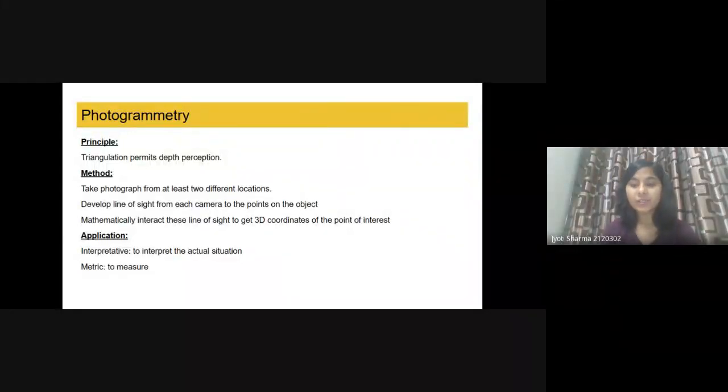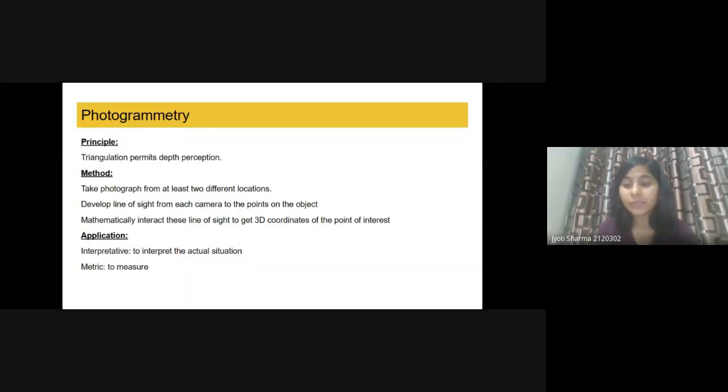The applications are different. The application can be interpretive as well as metric. For example, we have one satellite product covering 10 years. In this 10-year product, you can see that 10 years ago there was a forest, but right now it has been converted into agricultural land, or a different kind of land. This is interpretive.